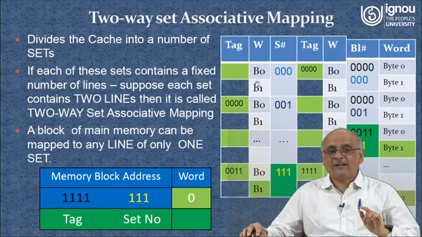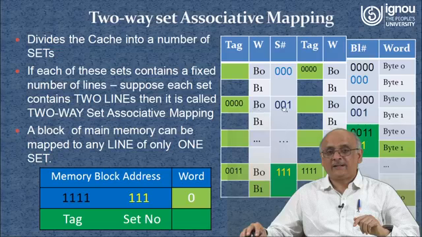So all zeros, that means when we are referring to this location, it can reside here or here. Luckily, it is available in this part. For 000, once again this particular byte is residing in this location. And there is another, the tag 0011, which is residing here for byte 1.